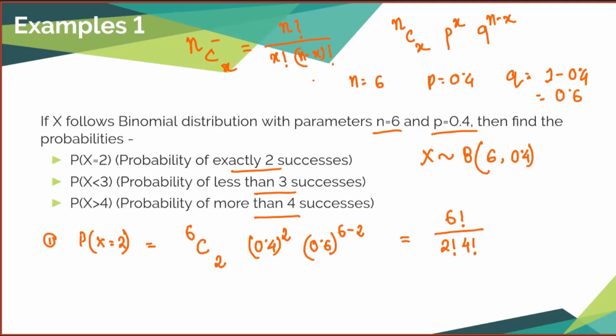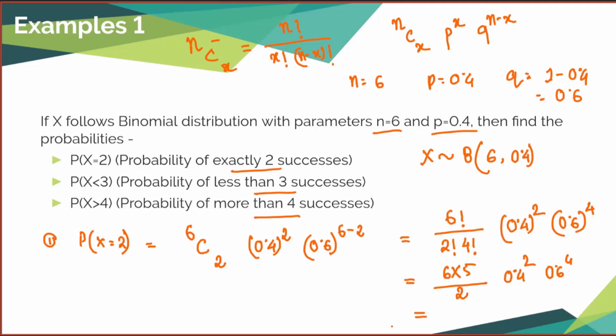N minus x is 4. And here 0.4 to the square and 0.6 to the power 4. 6 minus 2, 4. This is equal to, now this will be 6 into 5 divided by 2 and 0.4 square, 0.6 to the power 4.